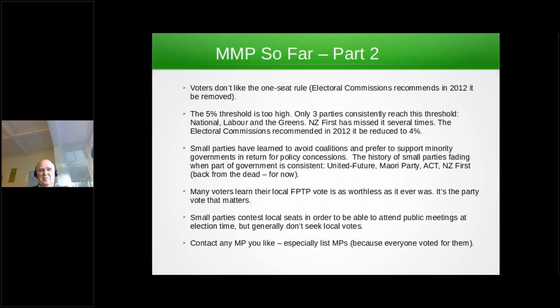And you can contact any MP you like, especially list MPs, because you don't have the situation like in Canada where an MP has an electorate and they only want to talk to the people in that electorate. Because almost half the parliament is basically national MPs, you're able to talk to any of those because they don't necessarily have a defined piece of ground. Parties will assign them regions to cover and things like that, but the whole situation is a lot more flexible and fluid.